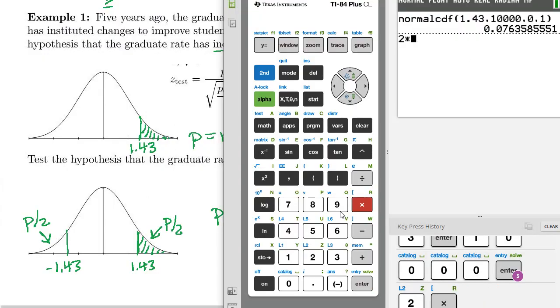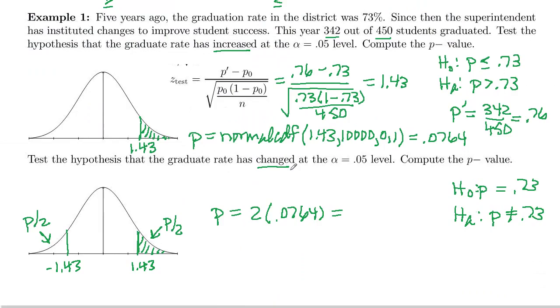So 2 times 0.0764 is 0.1528. And then what do these represent again? This means a 7.64% chance of getting a sample that's as extreme or more extreme than this sample, 342 out of 450.